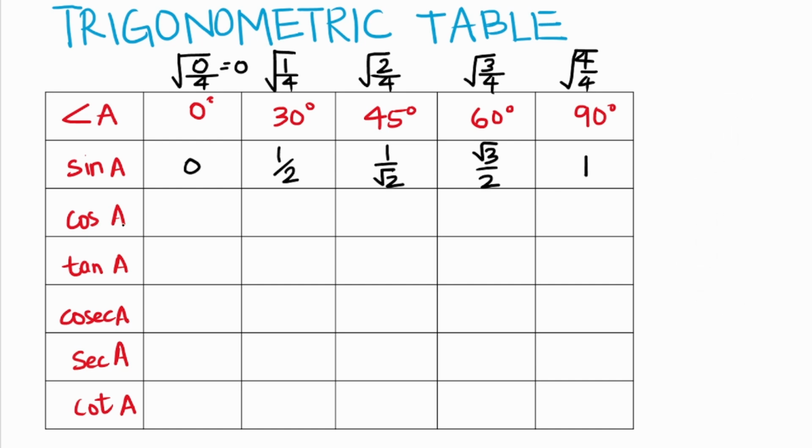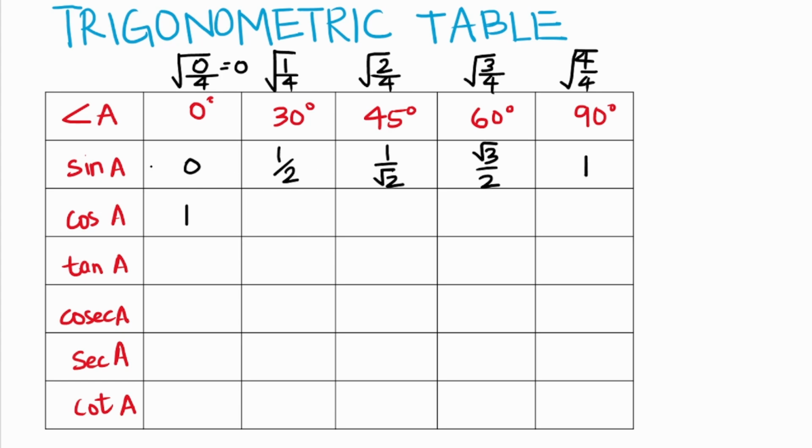For cos values, you don't have to do anything. Just simply reverse and write the values. You have written the sine values 0, 1 by 2, 1 by root 2, root 3 by 2, 1. For cos, just write them in reverse.